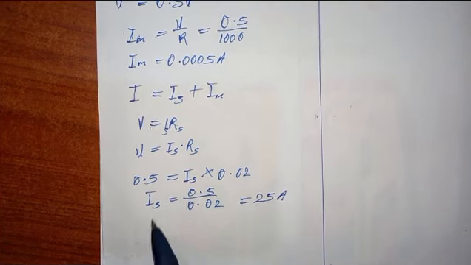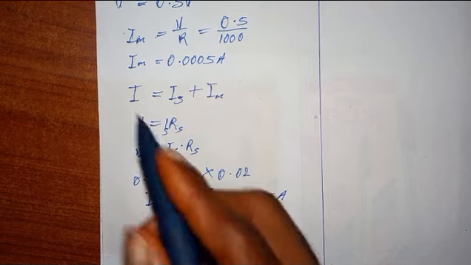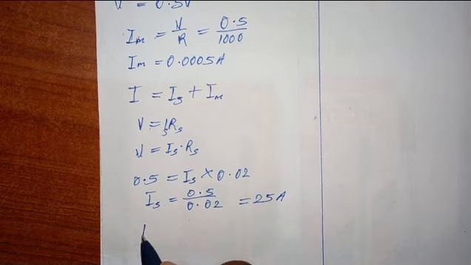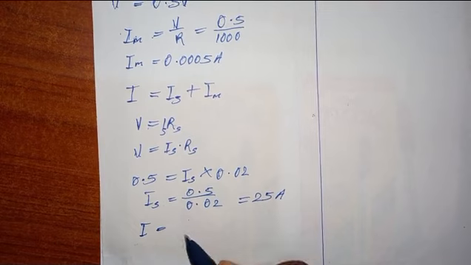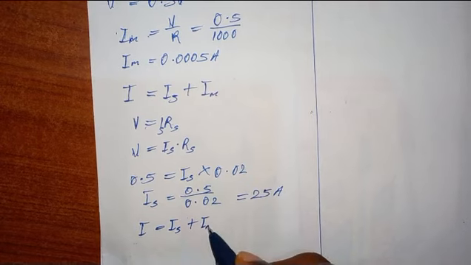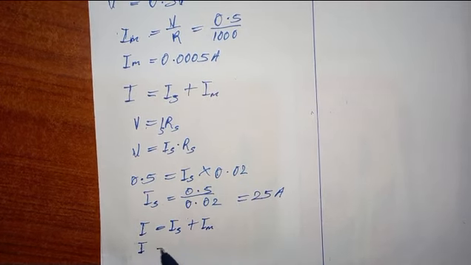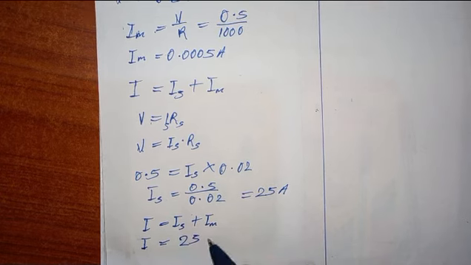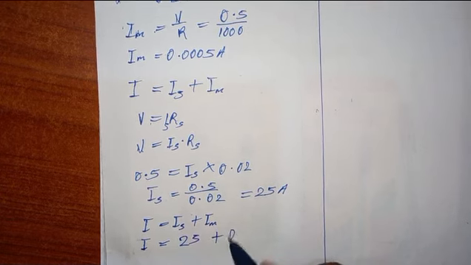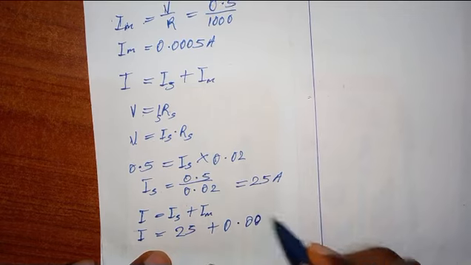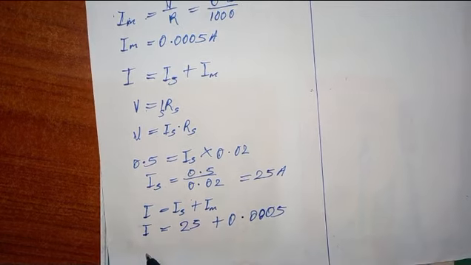Now, since we have the Is and the Im, we now solve for the total current. The total current I is equals to Is plus Im. We know Is to be 25 amps plus Im, 0.0005.